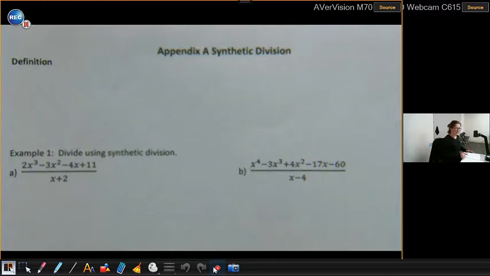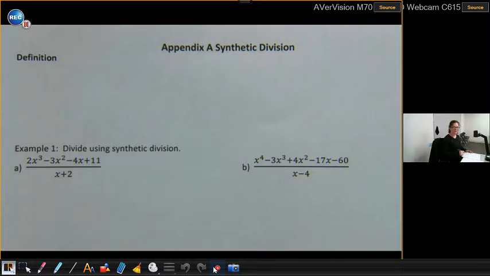Covering Appendix A in the textbook, talking about synthetic division. Synthetic division is a method for dividing polynomials when the divisor has the form x minus c, c being just a number.